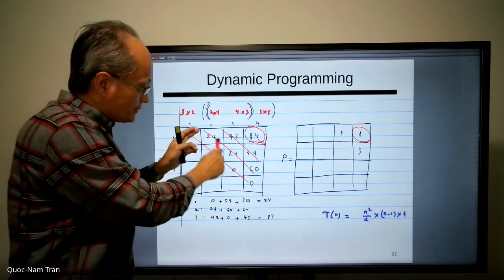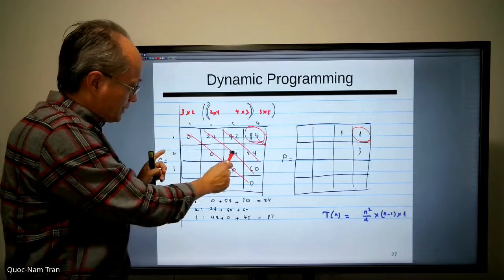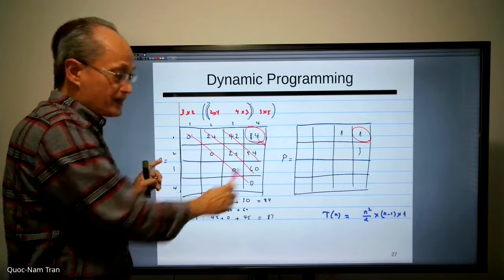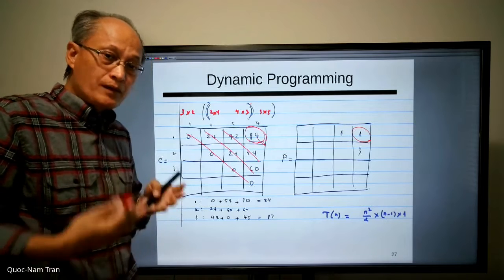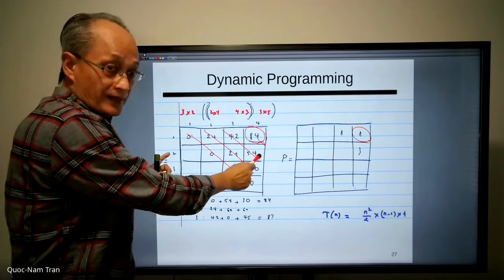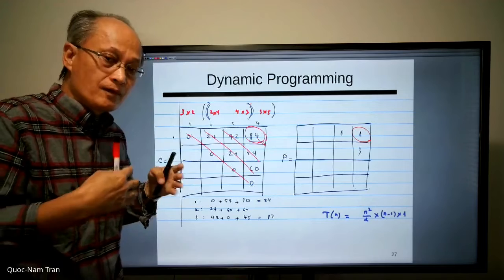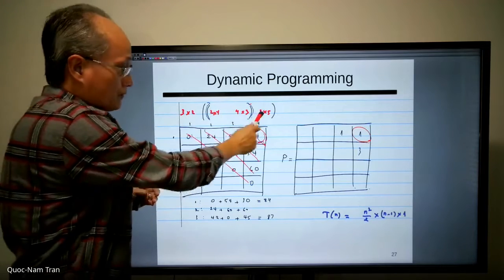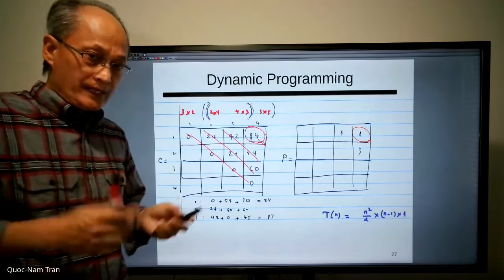Two matrices from 1 to 2, and then from 2 to 3, from 3 to 4, and then the minimum cost from multiplying three matrices, 1 to 3, 2 to 4. And finally, the cost for multiplying the sequence from 1 to 4. So that is what we did last time.